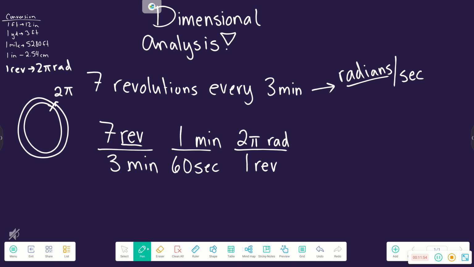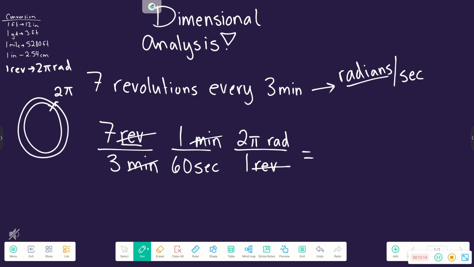Now I do my canceling. Minutes cancel out, revolutions cancel out. Now, when we write this, just like when we do pretty much anything with radians, the pi is just going to hang out. We're not really going to turn it into a number unless it asks us to turn it into a decimal.